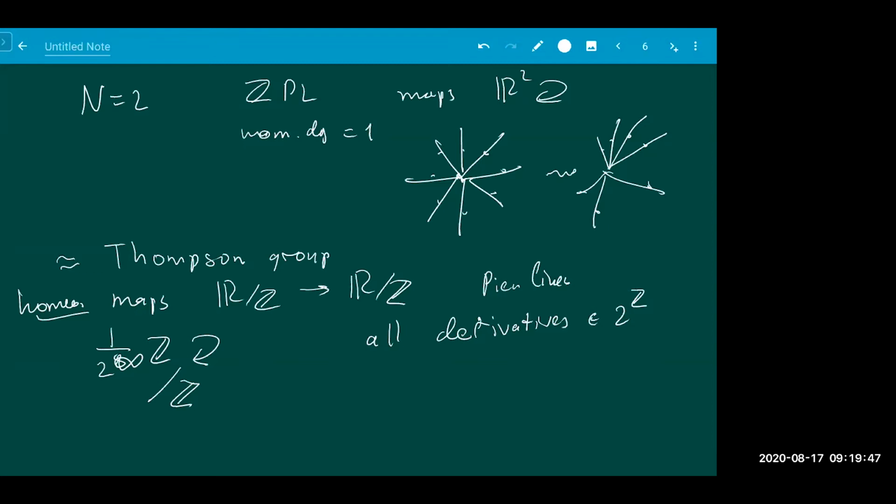And what we see is that we have a high dimensional generalization of this story. Actually, before going to this more general thing, I want to say something related to cluster varieties.